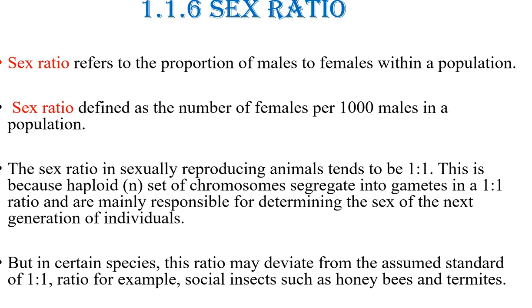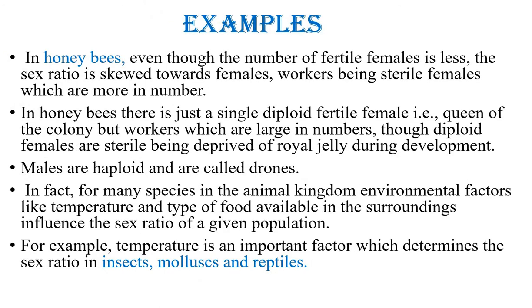But in certain species, this ratio may deviate from the assumed standard of 1 is to 1. For example, in the case of social insects such as honeybees and termites, where a number of individuals live together, we will consider the example of the honeybee.